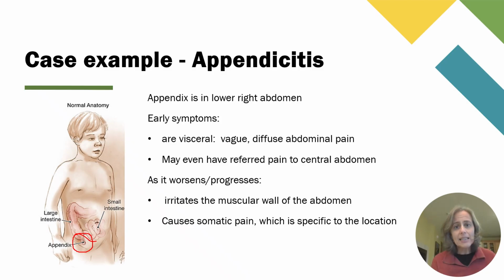So the classic symptoms of appendicitis in terms of the pain are that it starts around the belly button, and it's kind of vague and just feels wrong and icky, and then it moves down into that right lower abdomen and becomes very sharp and very distinct. And so that is the classic presentation of appendicitis. Visceral sensory and somatic sensory, very different.